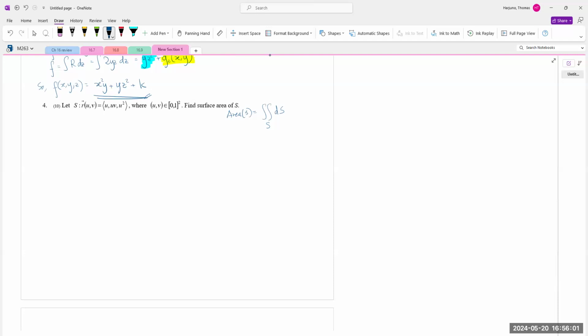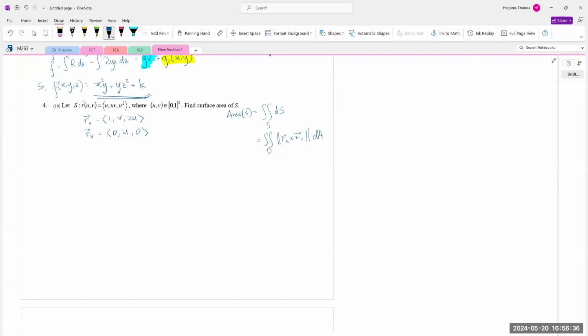But dS translates to the double integral over D of the magnitude of r sub u cross r sub v dA. So what we need to do is find r sub u and r sub v and then do the cross product. r sub u will be (1, phi, 2u). r sub v will be (0, u, 0).